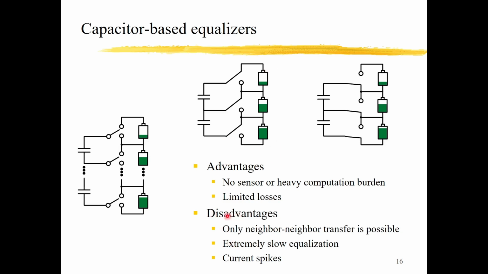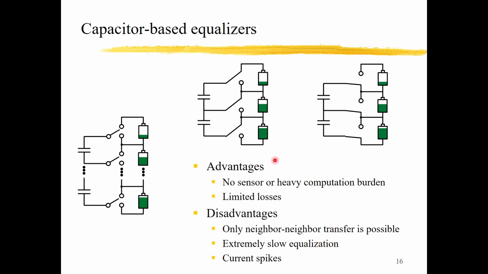And there are some disadvantages. First, this method can only transfer energy between neighbors. It can transfer energy from this one to its neighbor, this one. Only neighbor to neighbor transfer is possible.